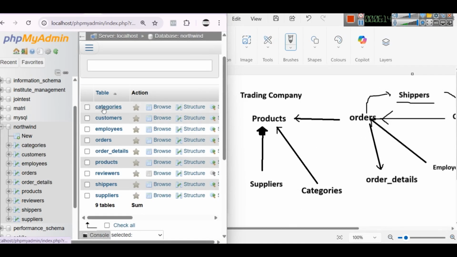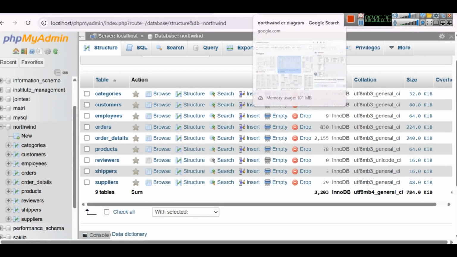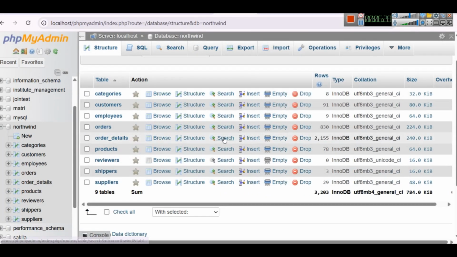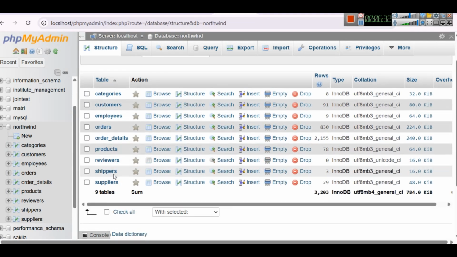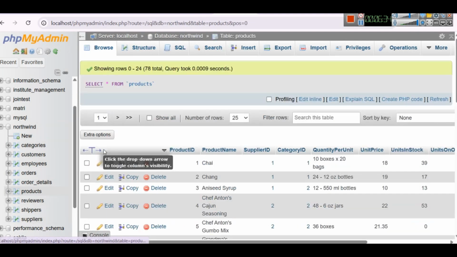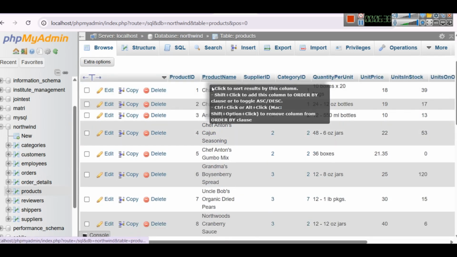So we have categories, customers, employees, orders, order detail, etc. Now let's see some tables, because we have to learn the whole SQL select commands, read commands, data analysis commands using this. So here we have products. In products we have product ID, product name.